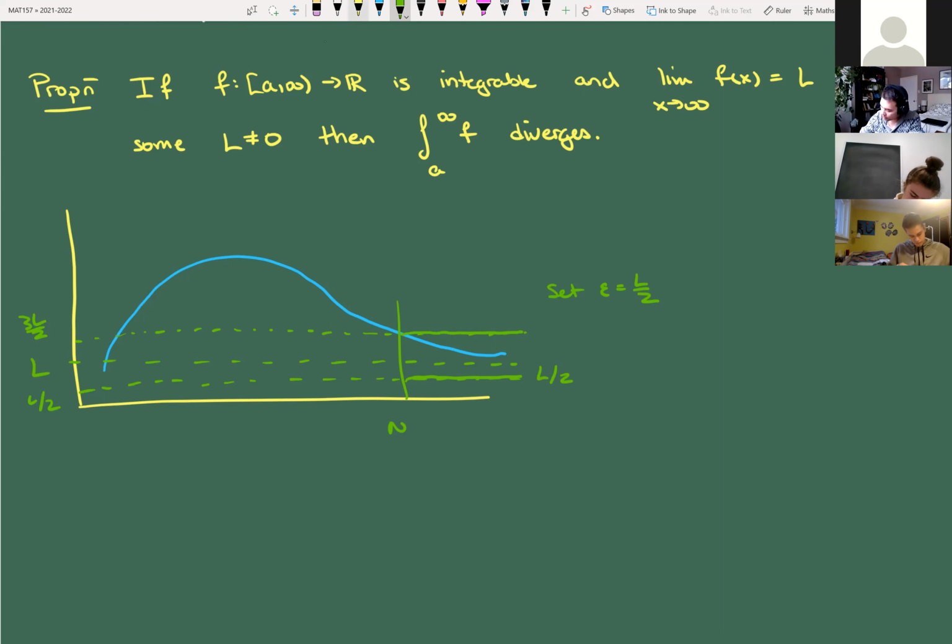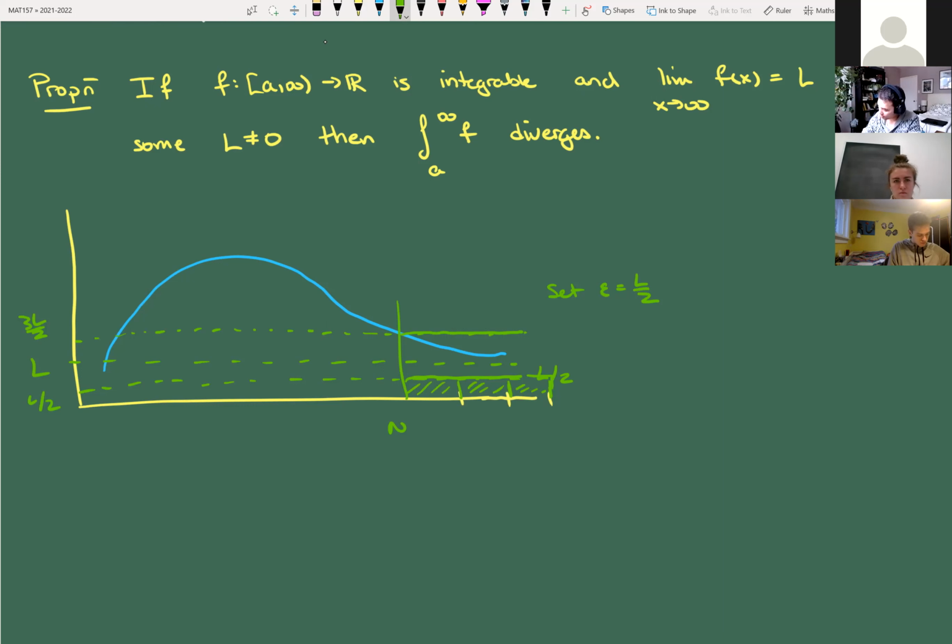You can do like we did with the log, and just start taking integer partitions. When you compute the lower sum, it's for sure going to be bigger than these rectangles, because you're guaranteed that the function lives in that band, and we're using the lower end of that band as our approximation.